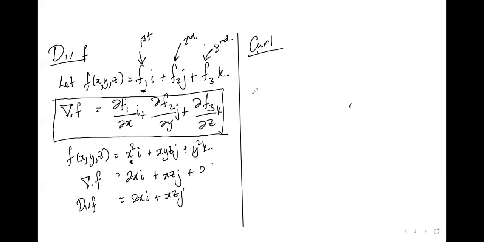All right. So f1 is equal to x squared. That is what is in front of the first one. The second one, f2, is equal to xyz. And the third one, f3, is equal to y squared.